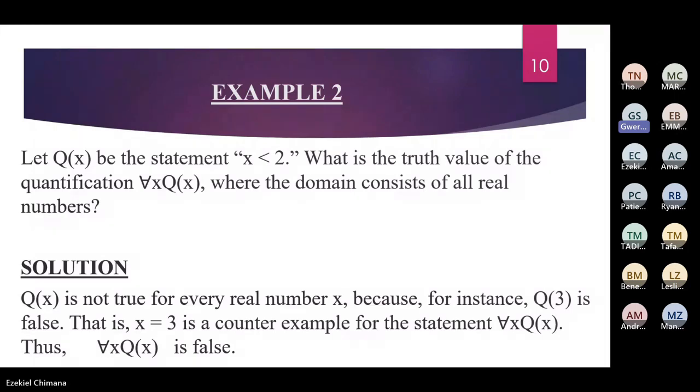So the solution: Q of x is not true for every real number x, because for instance, Q of 3 is false. That is, x equals 3 is a counterexample for the statement for all x, Q of x, so for all x, Q of x is false.